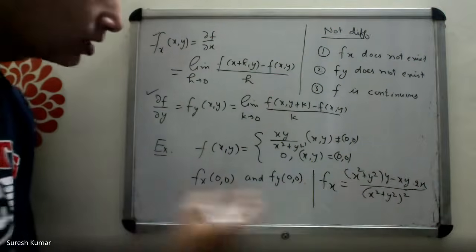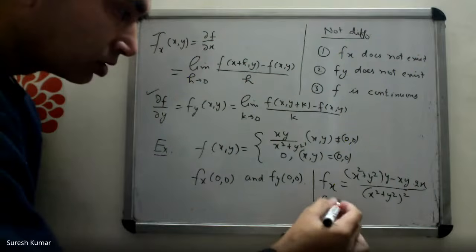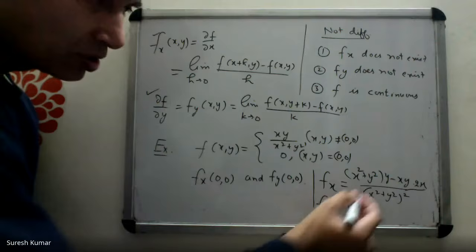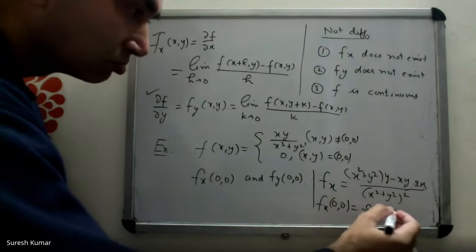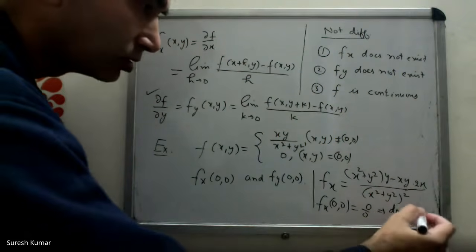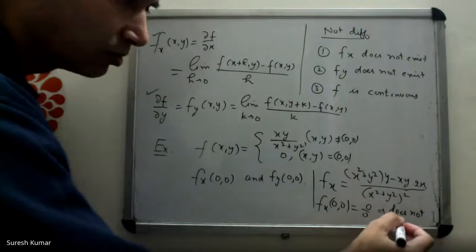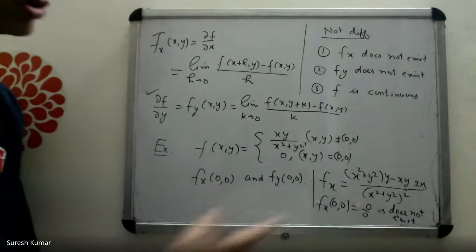After that, because the partial derivative is required at (0, 0), they write that it is 0 over 0, which does not exist. 0 over 0 has no meaning, right? Indeterminate form does not exist. This is wrong. This procedure is wrong.